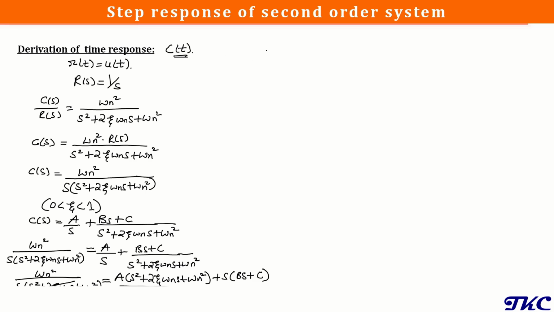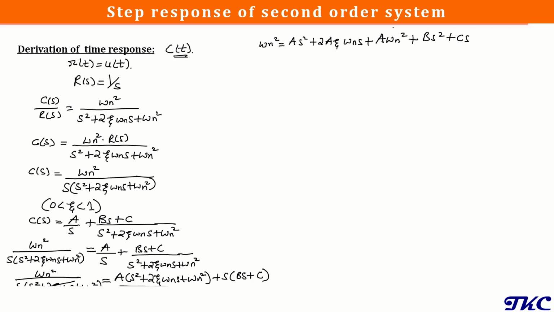and now we will have omega n square equal to, let's multiply A inside this bracket and s in this bracket. So it will be As square plus 2A zeta omega n s plus A omega n square plus Bs square plus Cs.